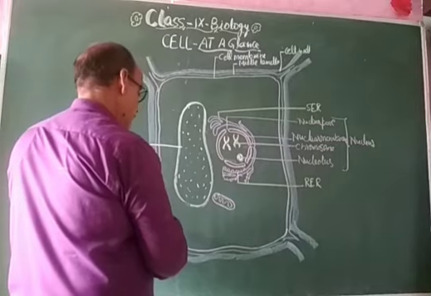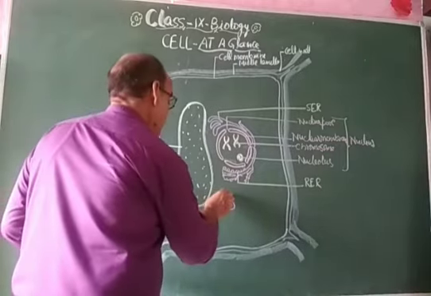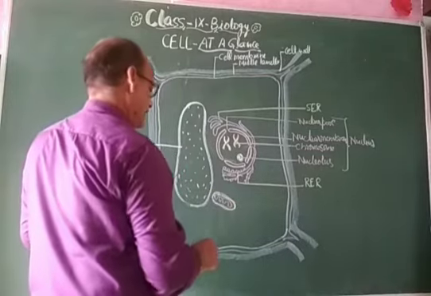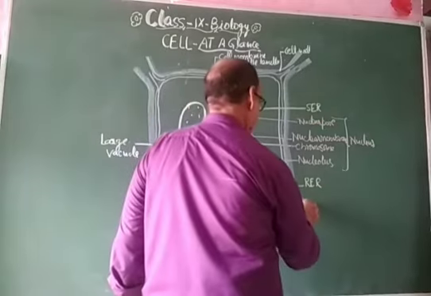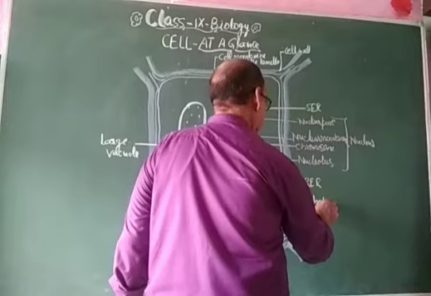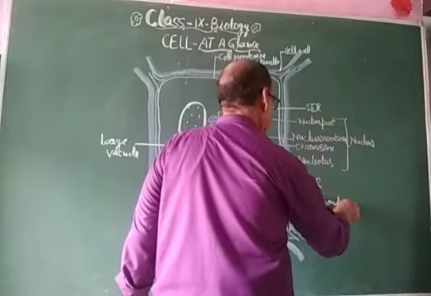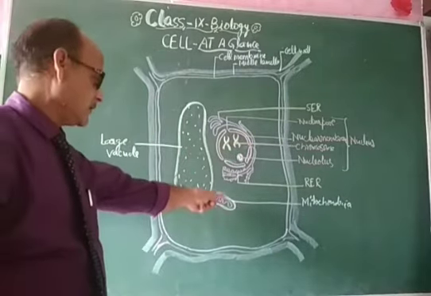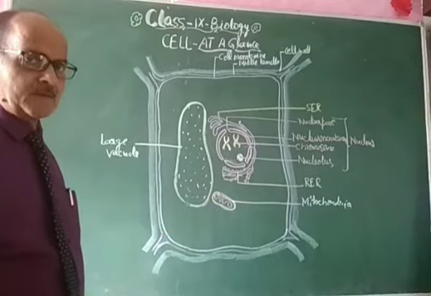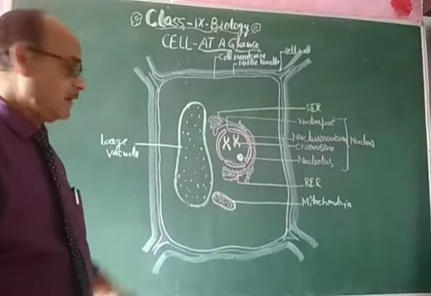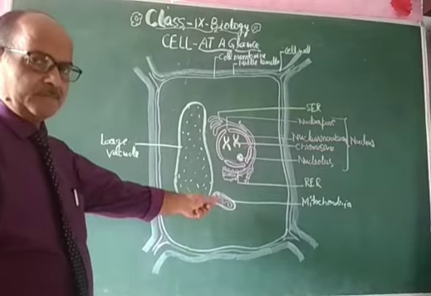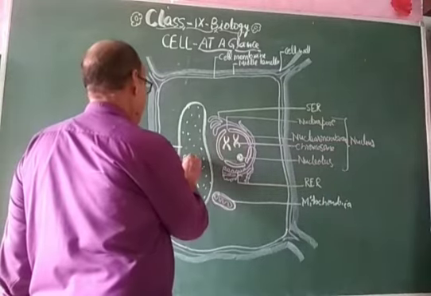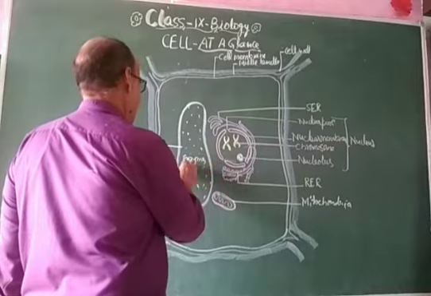By this diagram, my dear students, you will be able to learn all the things. Whatever structure you see in it, you will understand its function from the structure itself. This has the double membrane, so mitochondria is a double membrane structure. It has its own DNA, and cristae and matrix are there. These are the enzymes plus water.